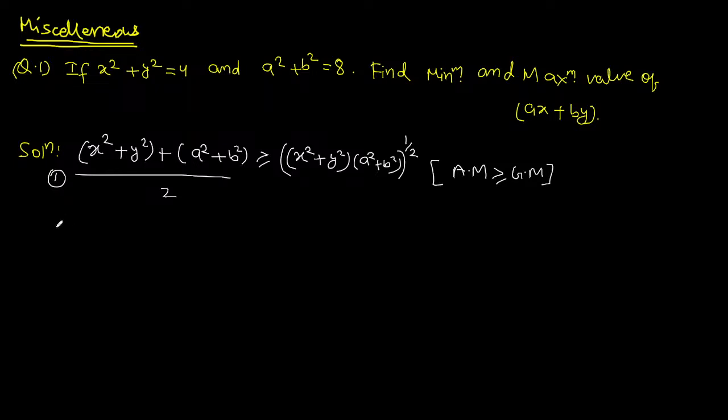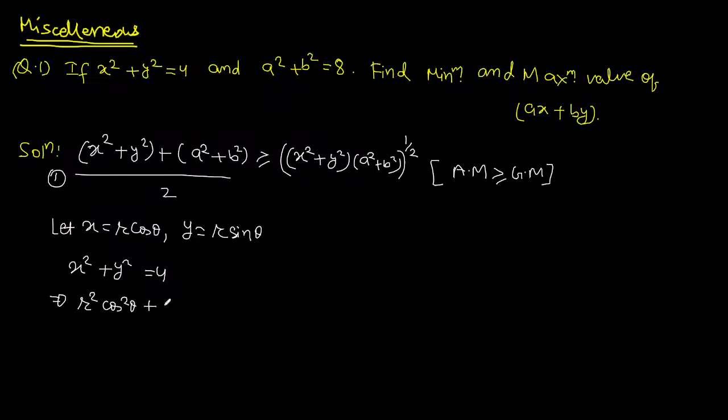What we have thought is we will take x equal to r cos theta and y equal to r sin theta. So x square plus y square is equal to 4. We get r square cos square theta plus r square sin square theta equal to 4, so r equal to plus minus 2.